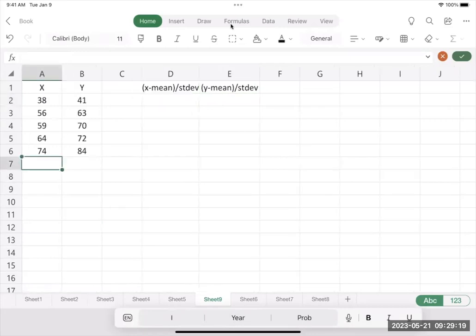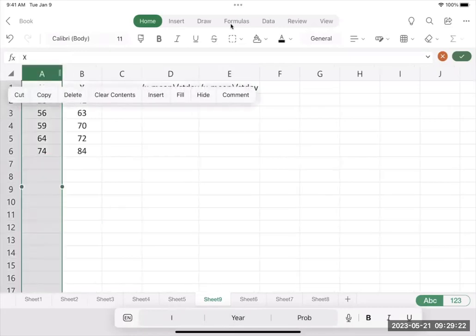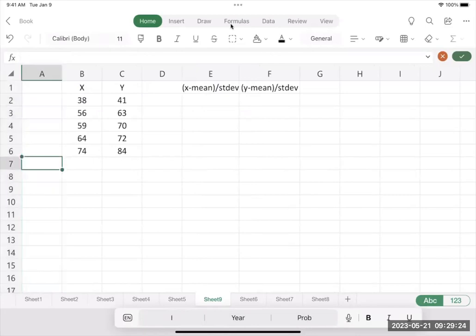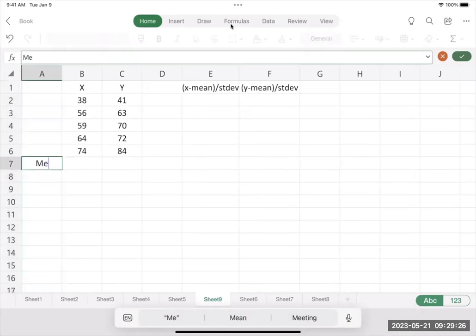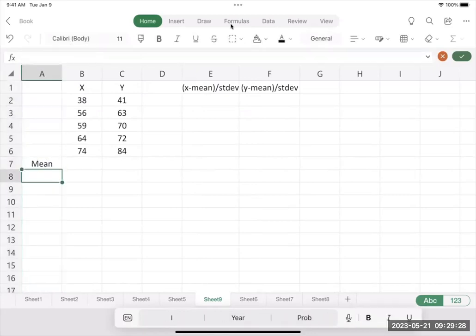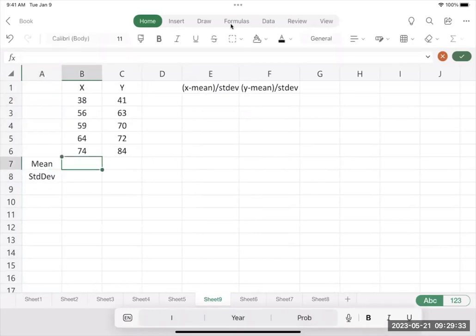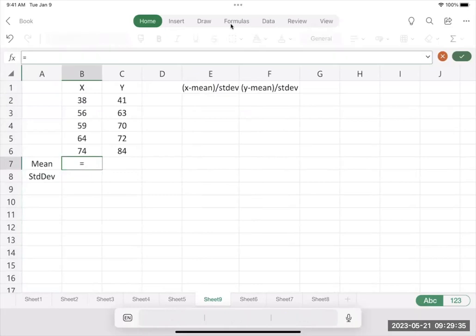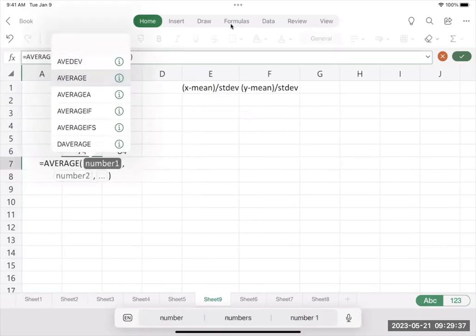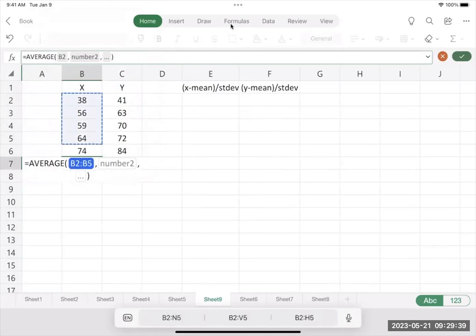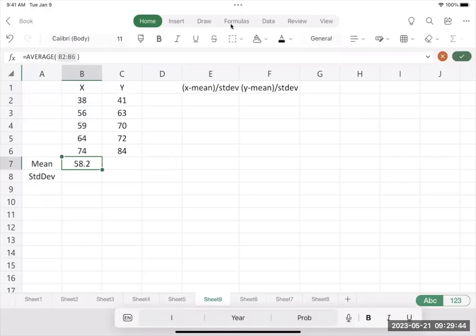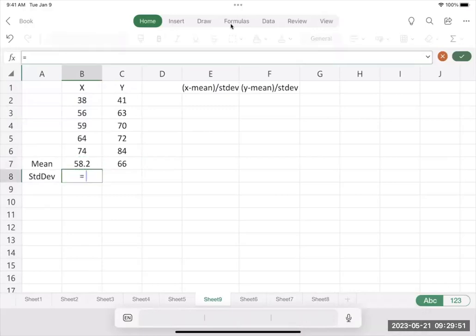So I'm going to get the mean. I can calculate the average of these values. And the standard deviation.